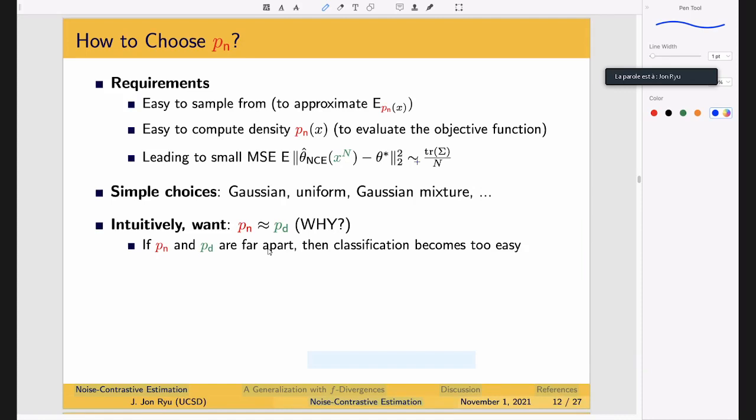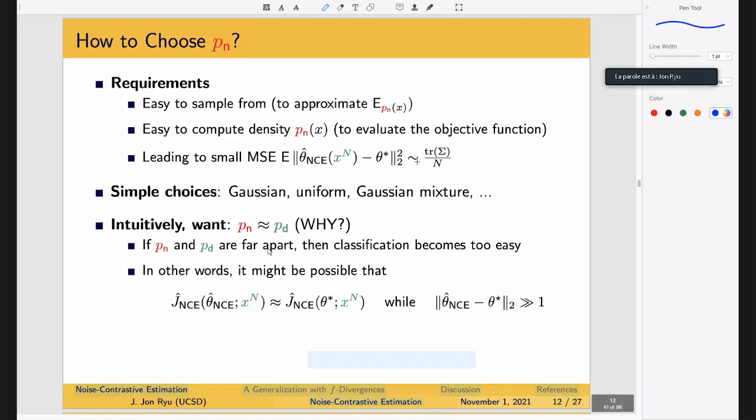In other words, it might be possible that the objective achieved by the NCE estimator is close to the objective value at the desired parameter, while the estimated parameter is still far from the optimal.